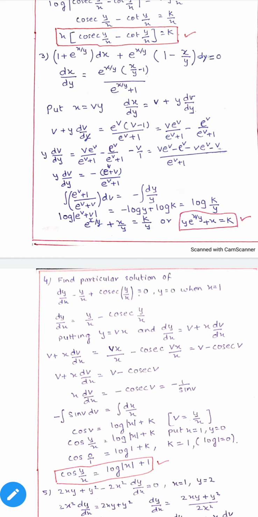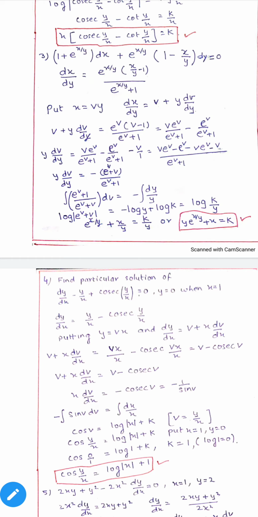Let us separate it as v e^v/(e^v + 1) − e^v/(e^v + 1). Now the v on the left hand side is brought to the right hand side. Take LCM, we get v e^v − e^v − v e^v − v. The e^v and v e^v, plus and minus, get cancelled out.